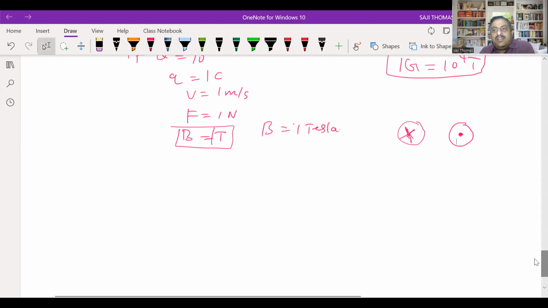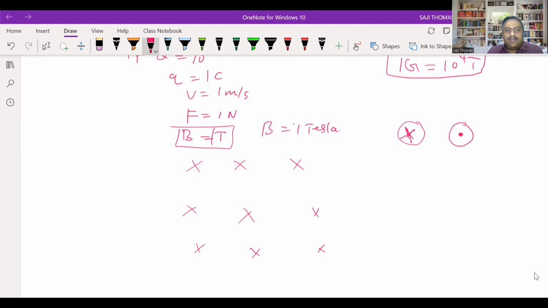So when a charged particle moves through a perpendicular magnetic field, what is the nature of the path traveled? It will be circular. When any particle moves perpendicular to the force, the particle will move in a circular path. You know centripetal force. When a particle moves around a circle, centripetal force is directed towards the center, perpendicular to the direction of motion. So I am considering this is a magnetic field going into the plane of the paper.